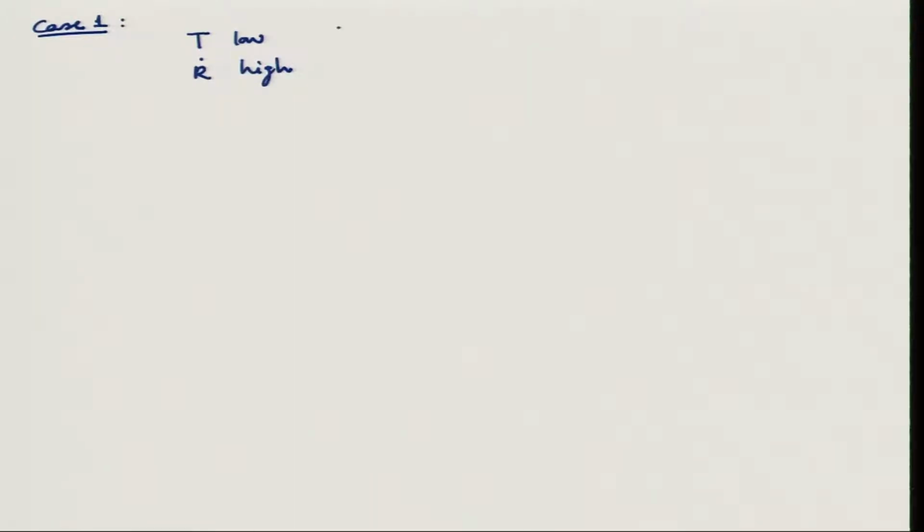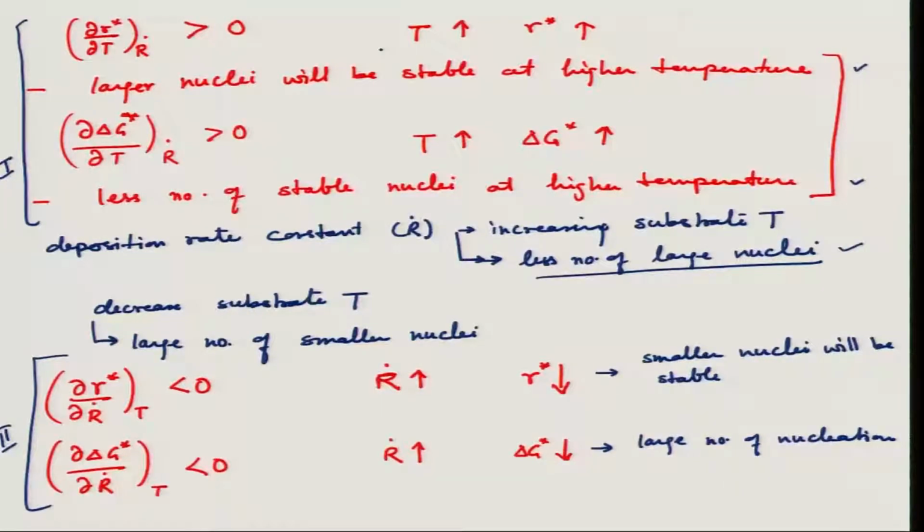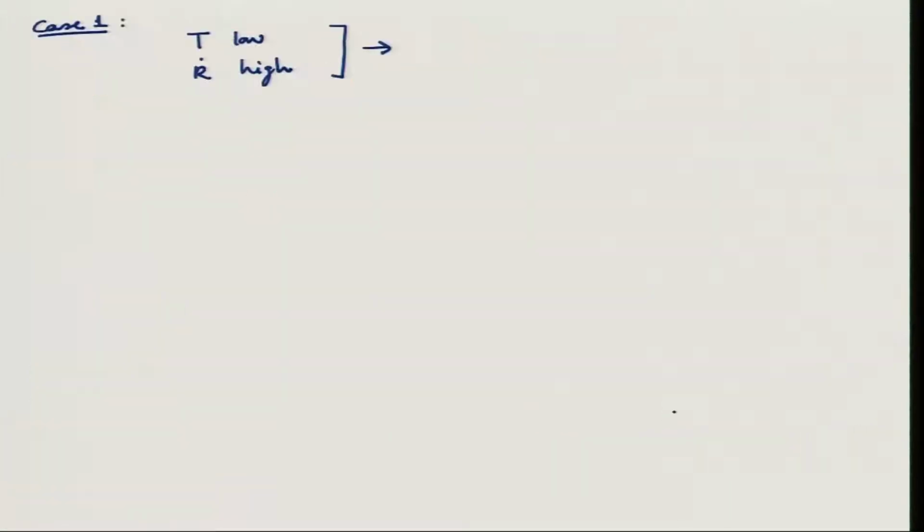Let us see what kind of film it will result in. Temperature low means a large number of smaller nuclei. Deposition rate high also means a large number of smaller nuclei.